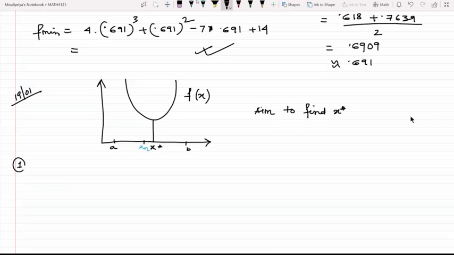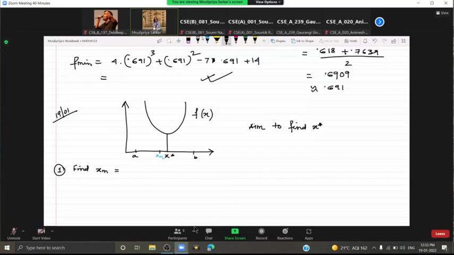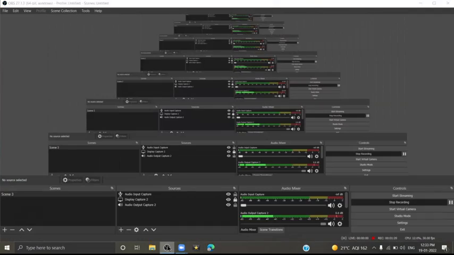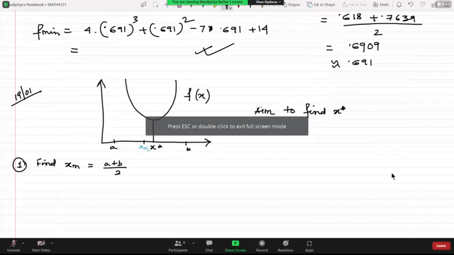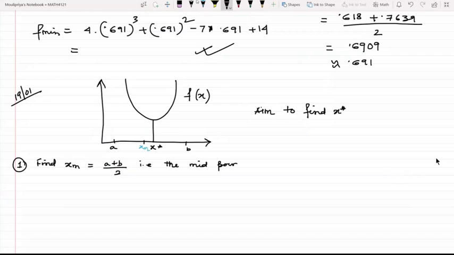If I write the algorithm, your first step would be to find xm, xm being the midpoint of AB, (A plus B) by 2. What is AB? AB is the initial interval of uncertainty.